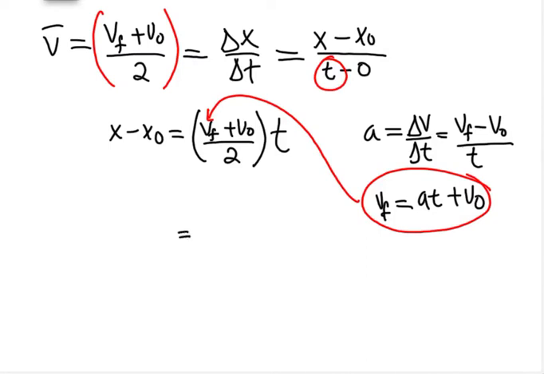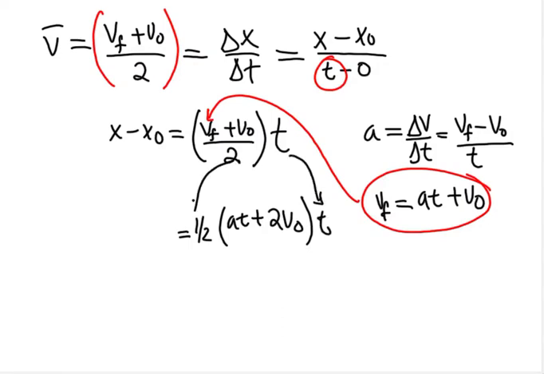So this is equal to final velocity. First I'm going to take the 1/2 out and write it as a 1/2 rather than dividing by 2. Final velocity is just acceleration times time plus v0 plus another v0, that's 2v0. So that's what's inside the parentheses. I have to remember I still have a time t right here. So that's the 1/2.